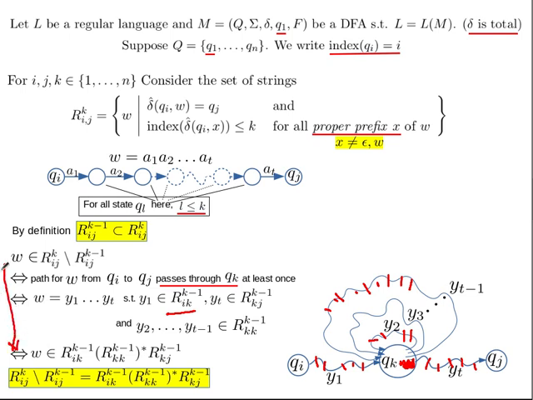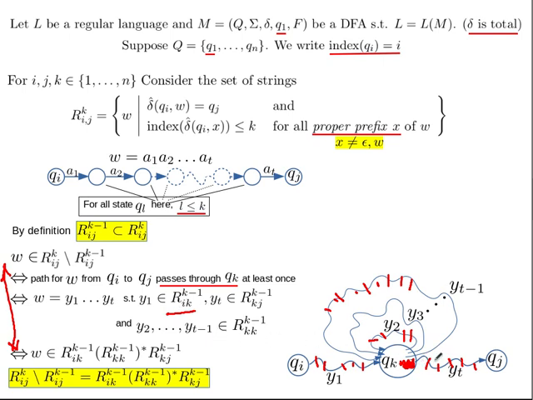The other direction is also true if you go from here to here, because if it is here, then you can break it down into this format, where this y1 is here, yt is here. So all the steps you can reverse, right? And if this y1 is here, then you can have a path which doesn't have anything. So all the indices are less than or equal to k minus 1 for this. You just reverse the argument.